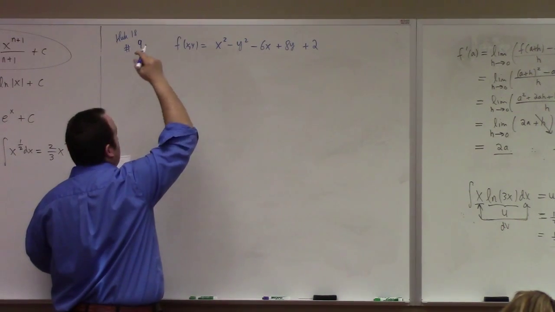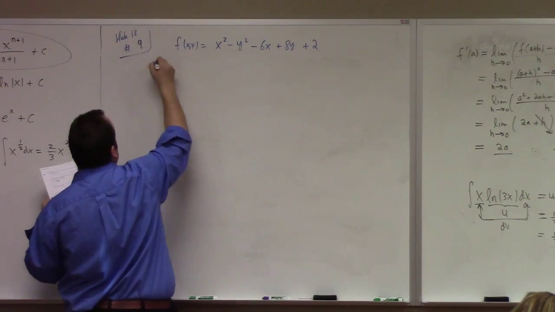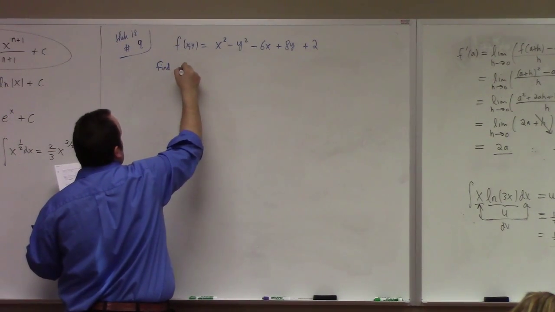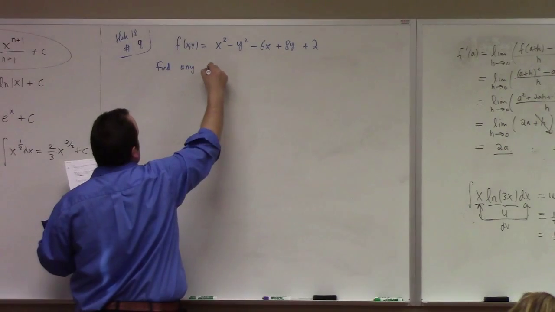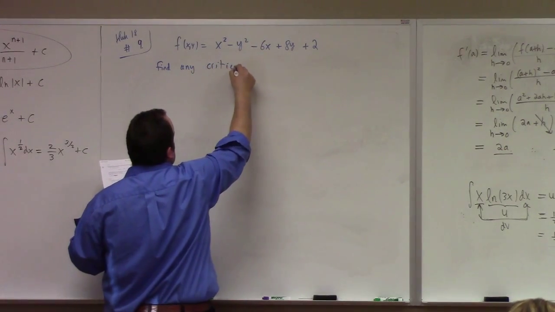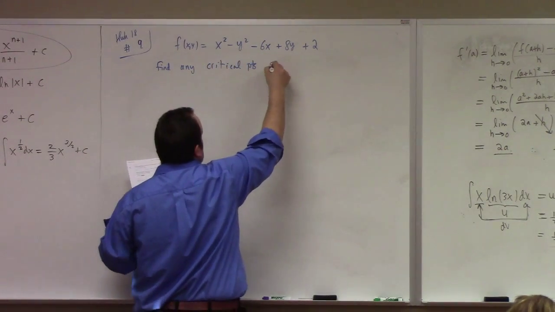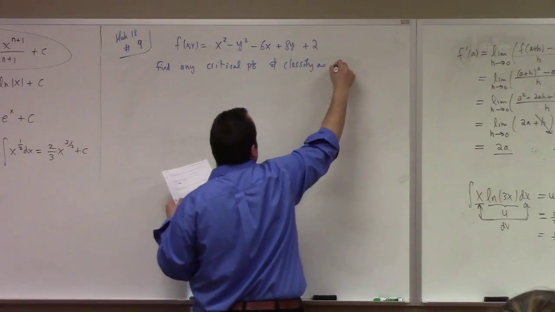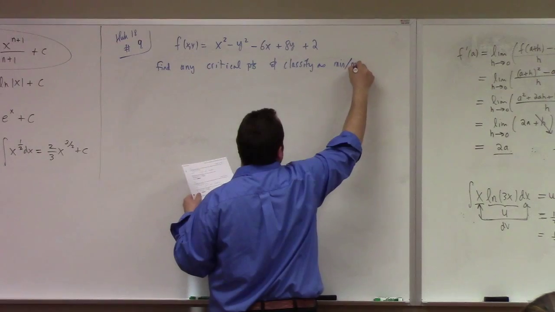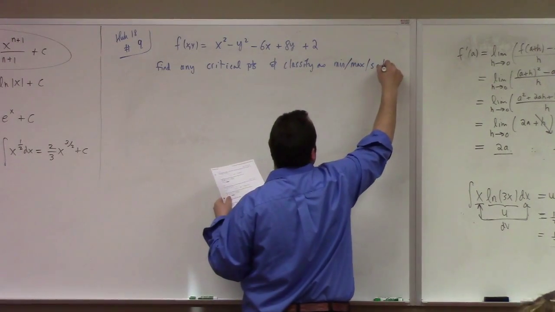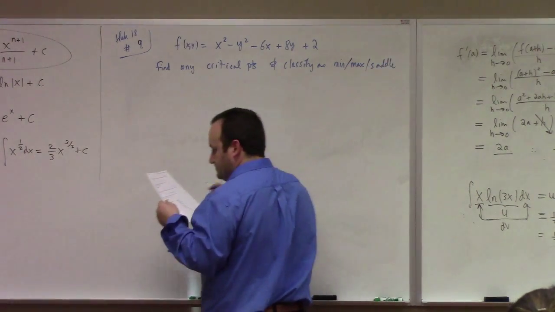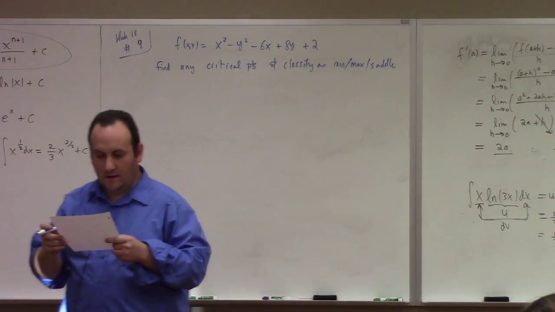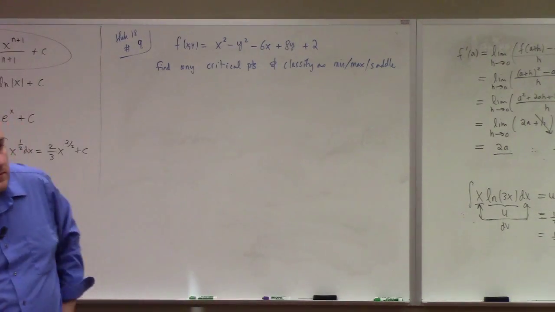You're supposed to find any critical points and classify them: min, max, saddle. And also find the actual value.